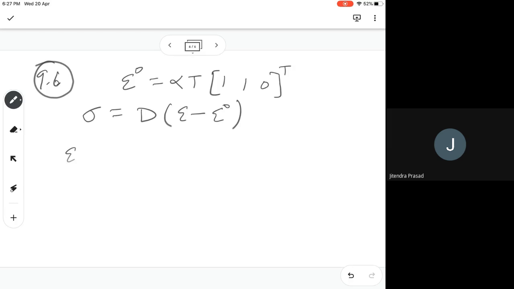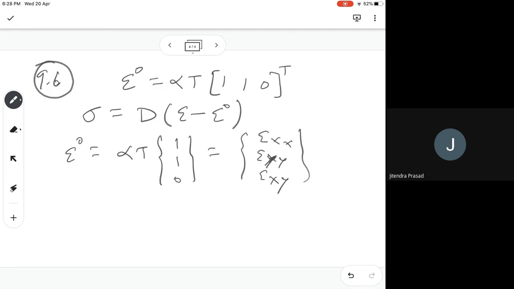When you say epsilon naught, which is alpha times T, equal to [1, 1, 0], we are really talking about epsilon XX, epsilon YY, and epsilon XY. So this is given, which is a function of temperature. Temperature is given as constant, some value is given basically.